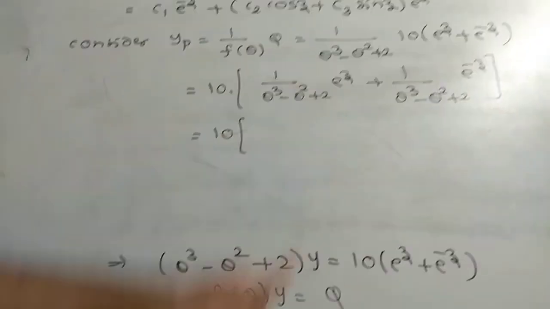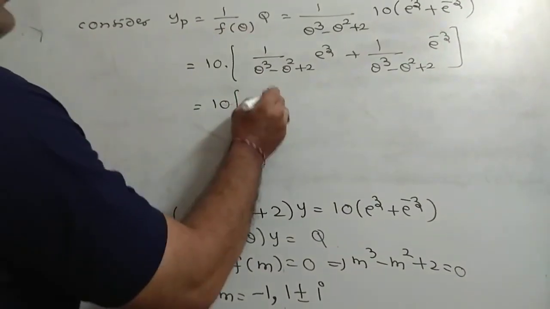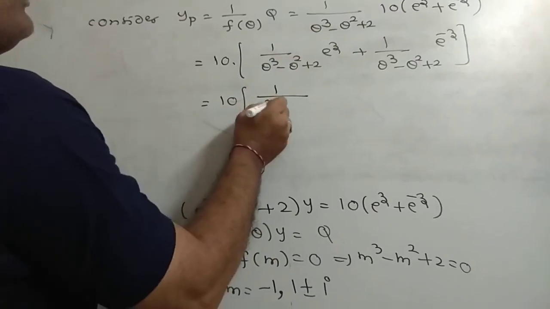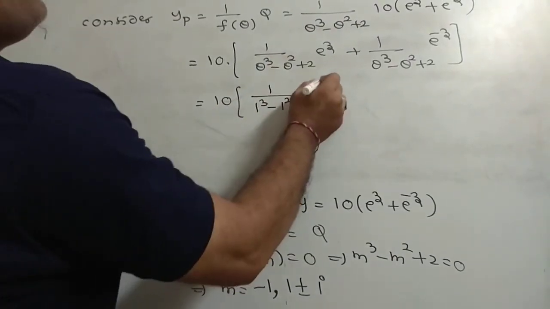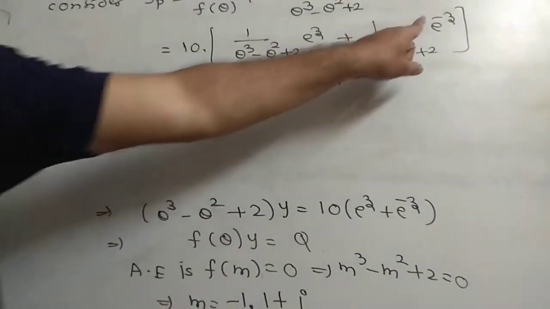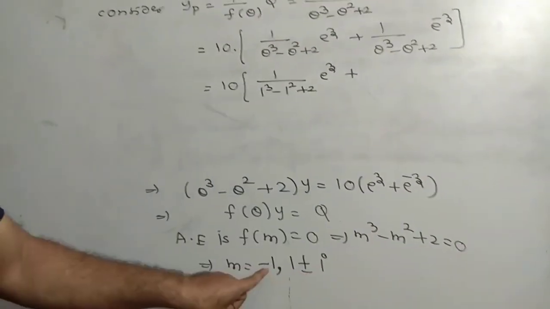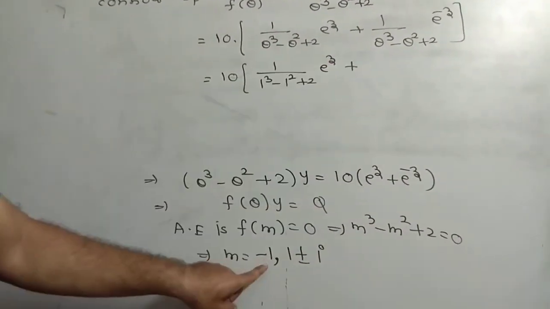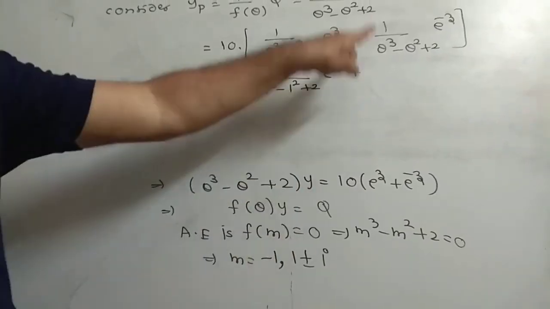No. So since that root is not present, you will not get the 0 value. So directly it is 1 cube minus 1 square plus 2, and this is of e power z, plus coming to that value, here the a value is minus 1. If I substitute here, will you get the 0 value? Automatically minus 1 is present in your given roots, so definitely you will get 0.